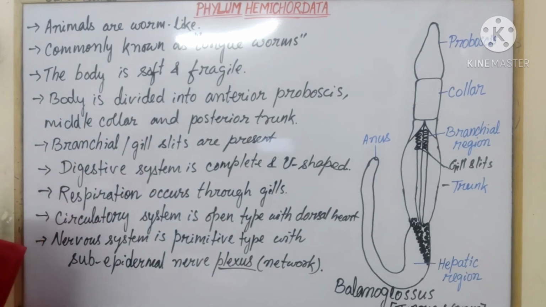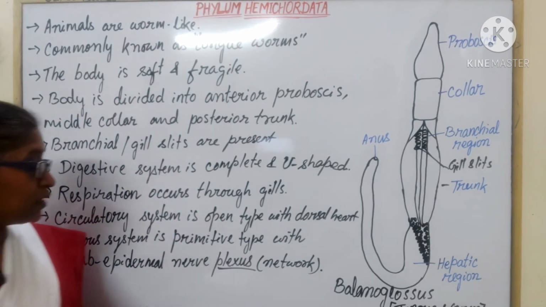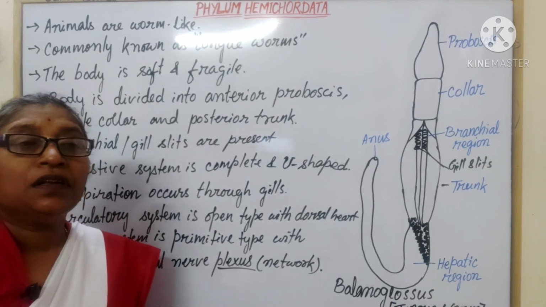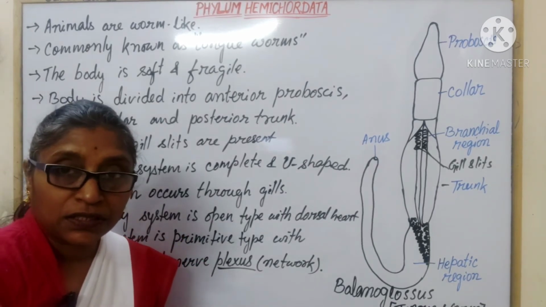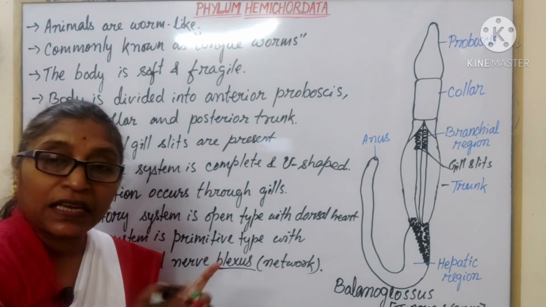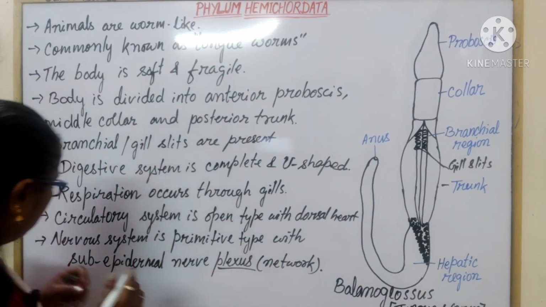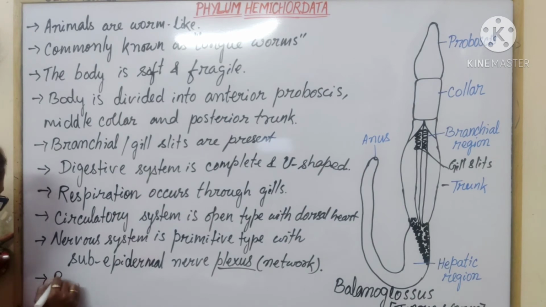Okay. The reproduction is mainly sexual reproduction. These animals are dioecious, unisexual, meaning sexes are separate.